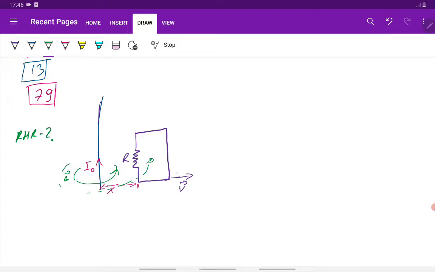So when we pull this circuit away from this current, it means that along this area the magnetic flux is changing, and hence we will have induced current. So what is the direction of this induced current in this case?